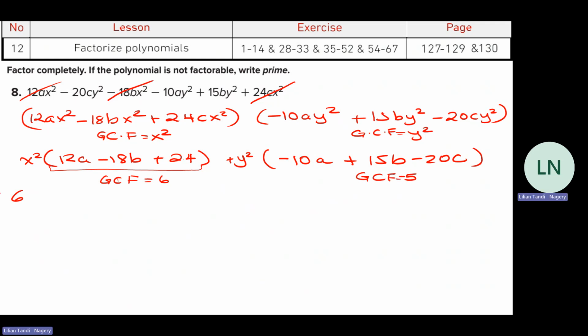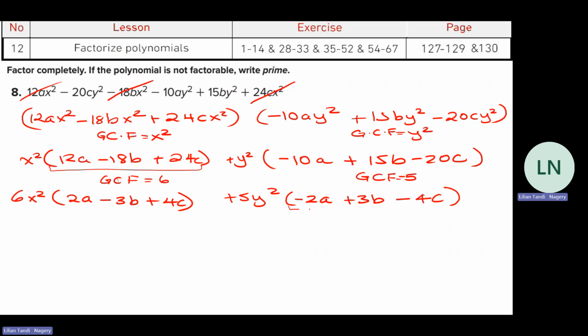Okay, so you're going to put 6x squared. You're going to get 2a minus 3b plus 4c. And then here you're going to put plus 5y squared. I'm going to put here negative 2a plus 3b minus 4c.